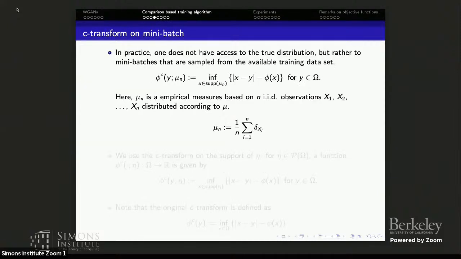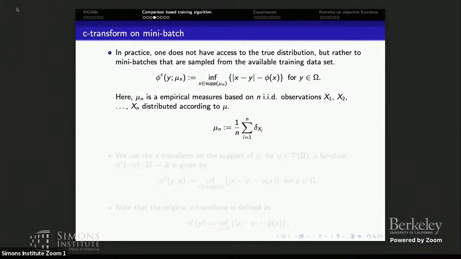The second idea is also related to training Wasserstein GANs. In practice, one does not have access to the true distribution. Instead, when we compute the C-transform, we can only consider a set of points.